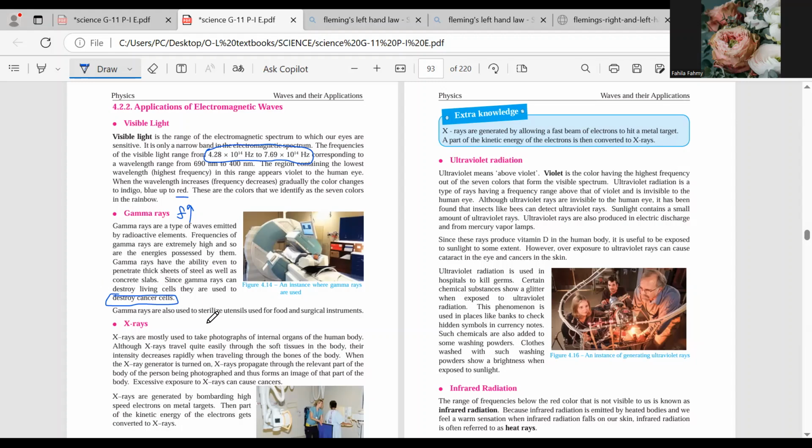Also they are used to sterilize utensils in the surgical and food industry, right? Because they're quite powerful, they can kill even living cells, and so they can sterilize anything, right? Okay. Then let's go in an order, because if we go in an order, you will remember it.